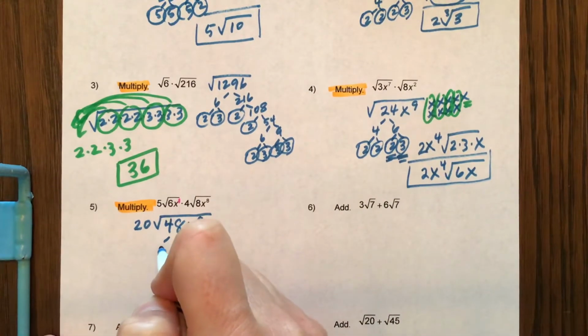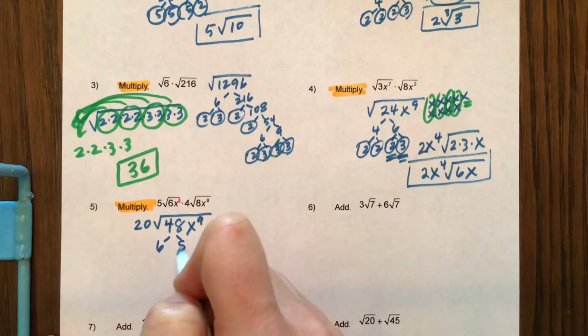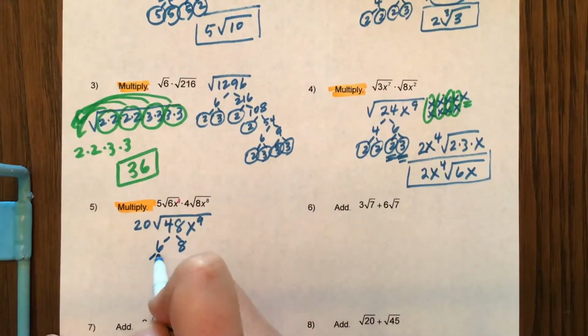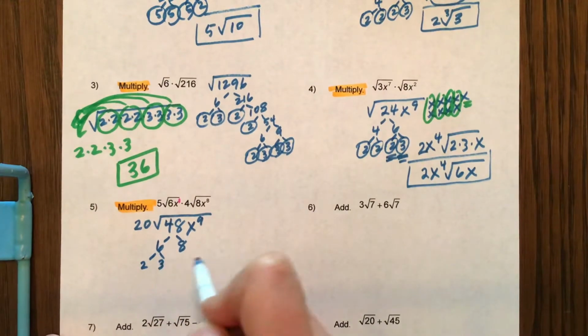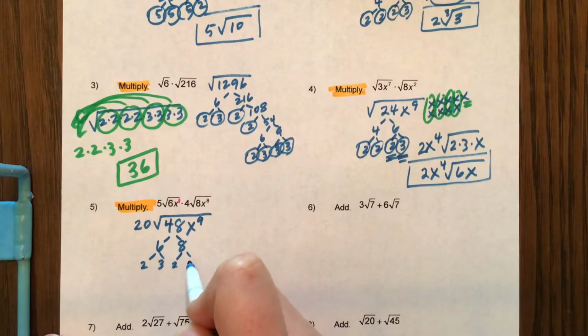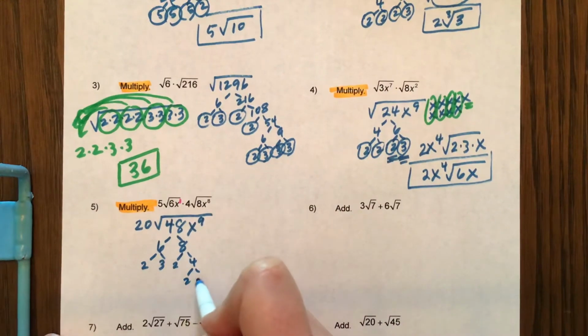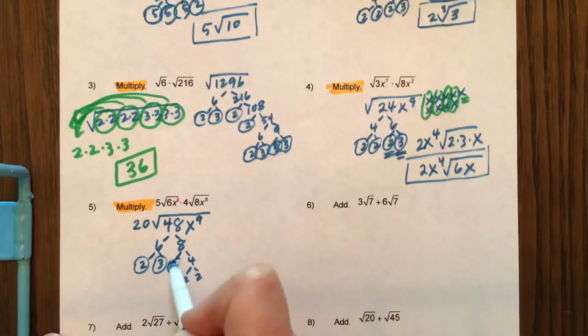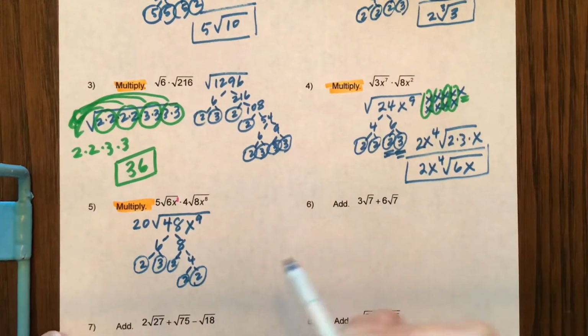I can break down my 48 into 6 times 8. 2 and 3, let's see, this will give me 2 and 4, and then 2 and 2. So I've got a 2, a 3, a 2, a 2, and a 2.